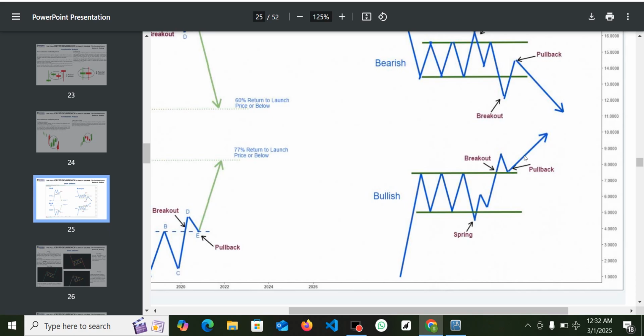Then you should know that it is time for you to buy at this point. That is why I said some people place an order even at this breakout, and when there is a pullback, it gives them an opportunity to place another order so that they can trade the bullish pattern. Okay, so that is it.